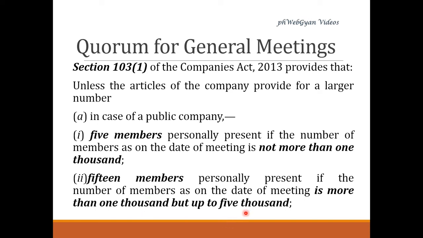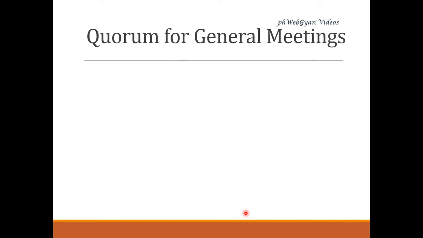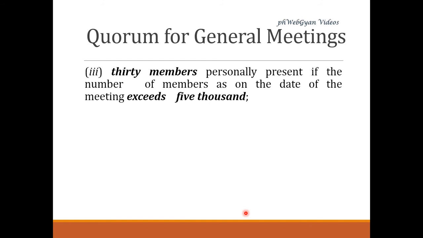So if the range is more than 1000 members but less than 5000 members, then the quorum shall be 15 members. Thirdly, 30 members personally present if the number of members as on the date of meeting exceeds 5000. So if the range goes beyond 5000 members, then the quorum shall be 30 members.